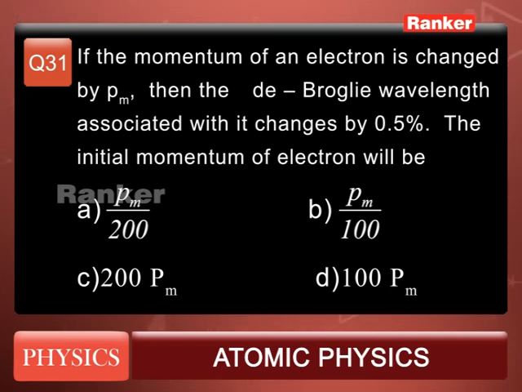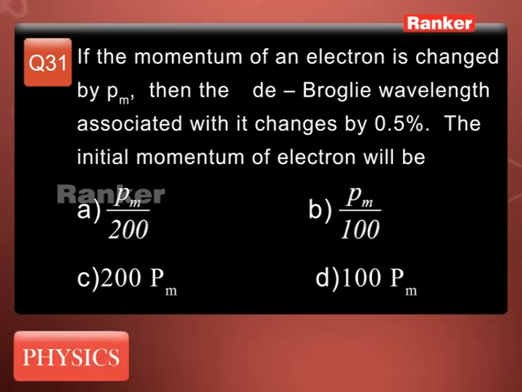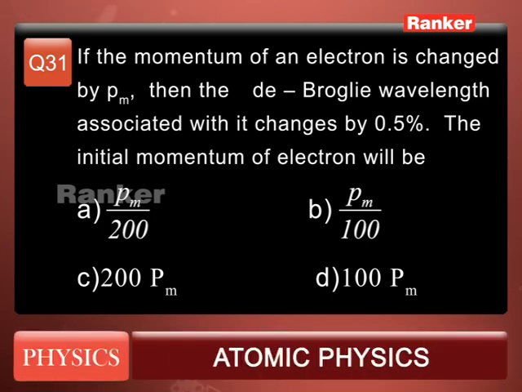The initial momentum of the electron will be how much? I once again repeat, if the momentum of an electron is changed by, understand that point, not changed to, changed by Pm, then the de Broglie wavelength associated with it changes by 0.5%.